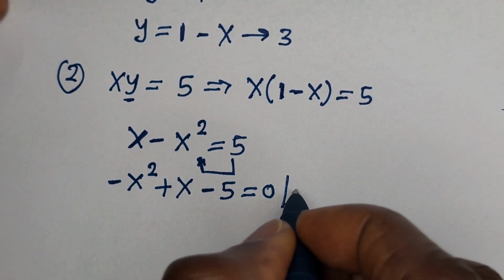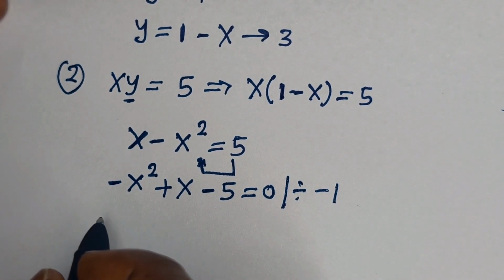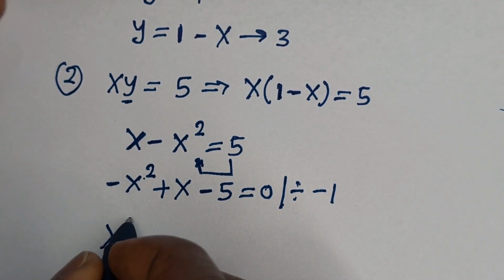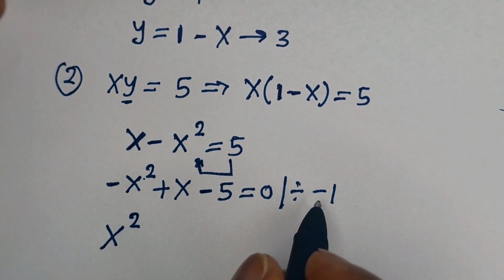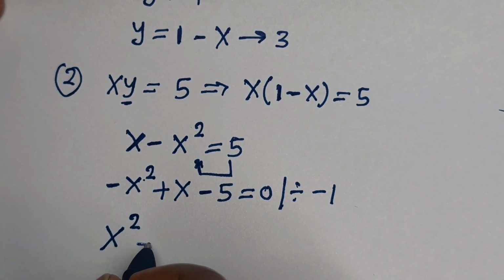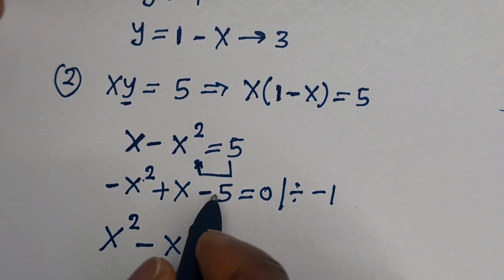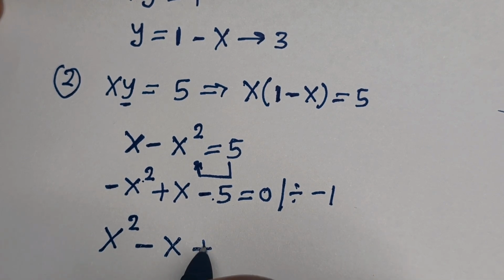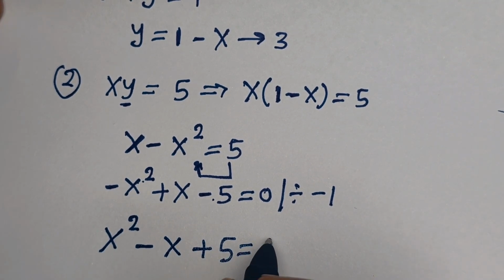Then let's divide the whole of this equation by negative 1. Negative s squared divided by negative 1 is s squared, s divided by negative 1 is negative s, negative 5 divided by negative 1 is plus 5, equal to 0.